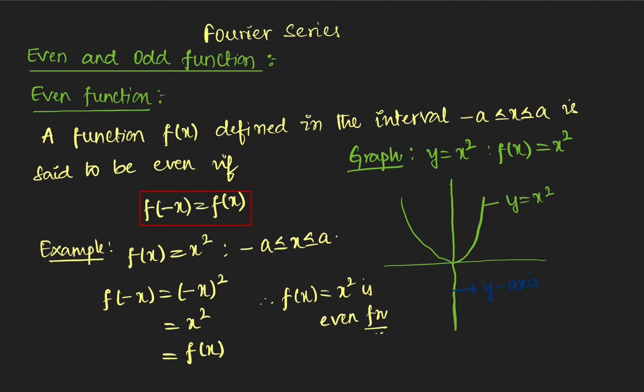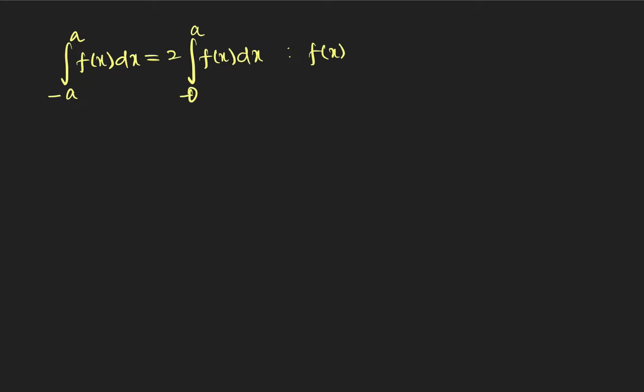So next is from the properties of the integral. From the properties of integral, we can write the integration from minus a to a, f of x dx is equal to 2 times the integration from 0 to a, f of x dx, if f of x is an even function.